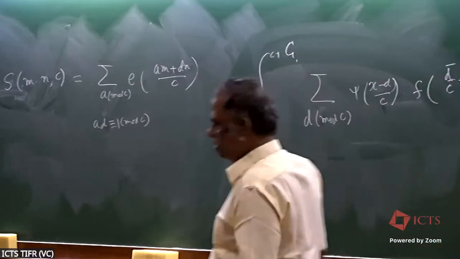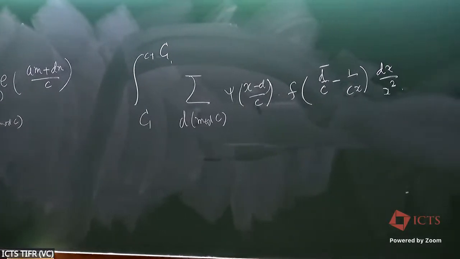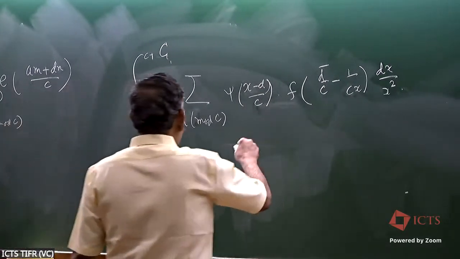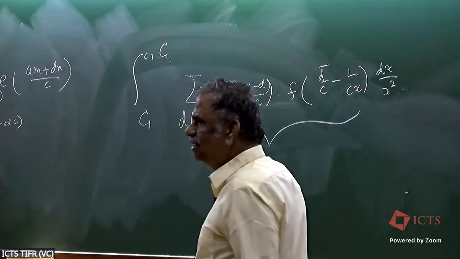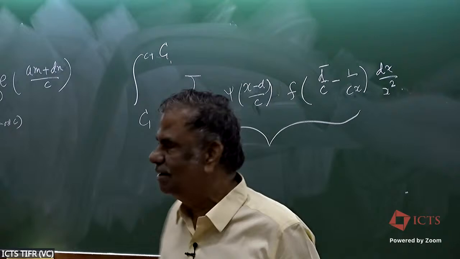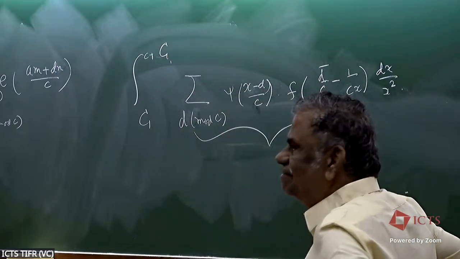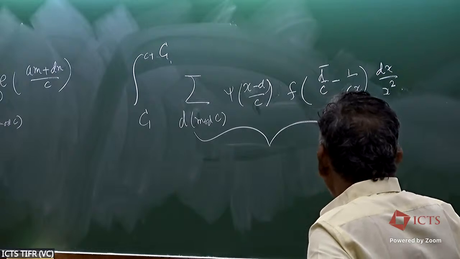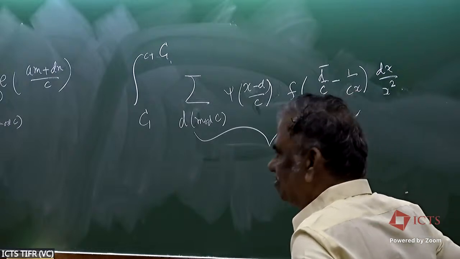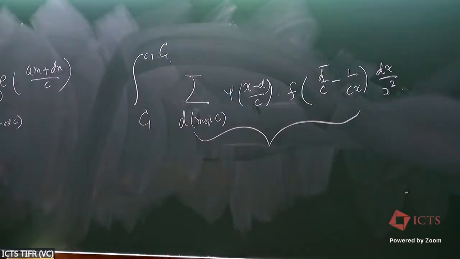And as I was pointing out a few minutes back, I don't need all those things. I want to know how to do this summation. Therefore, I don't need the dx by x square, I don't need the integral. How do you do the summation? The summation over d mod c, psi of x minus d by c, f of d bar by c minus 1 over c x. Oh, okay. I have to somehow reduce it.